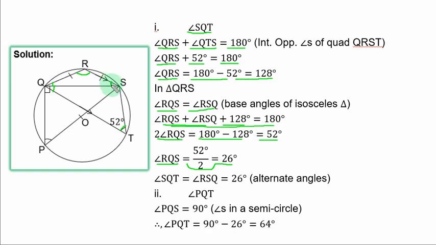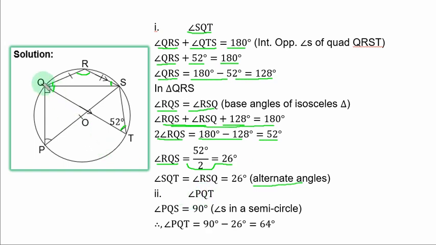What is the reason? Alternate angles, because RS is parallel to QT. So the letter Z is formed from this place. That is why SQT is equal to RSQ, alternate angles.